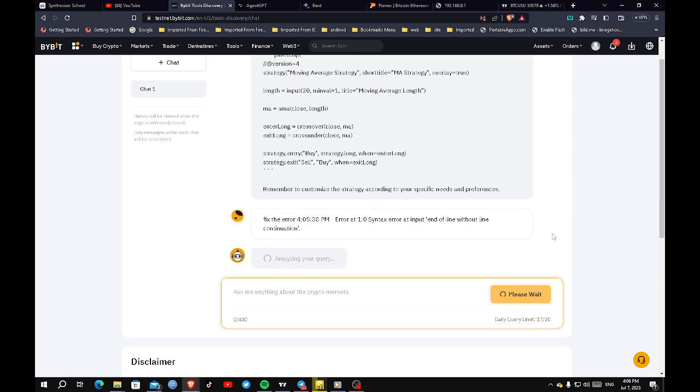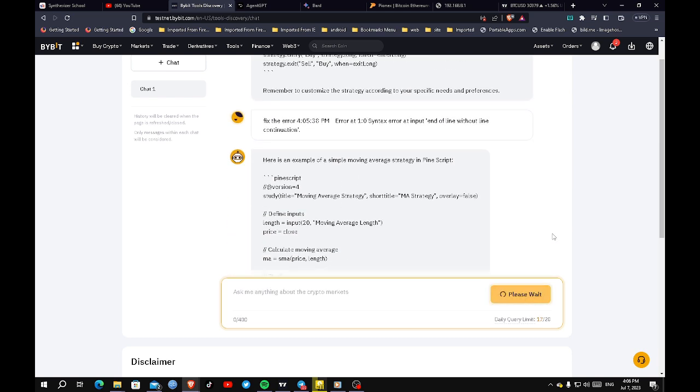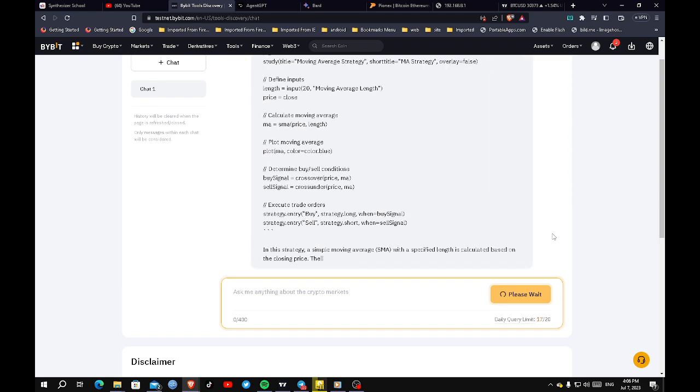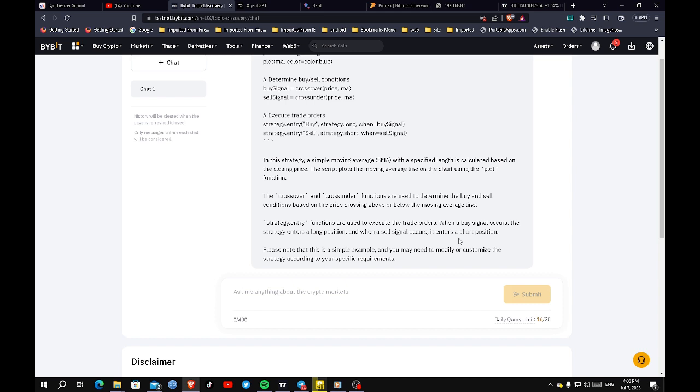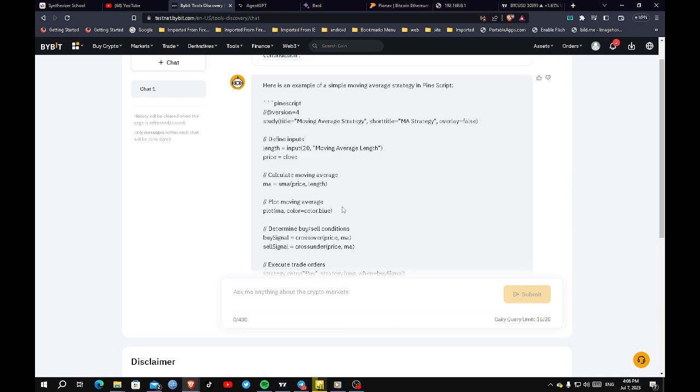Okay, submit. It also explains the trading strategy to you as well, and what the crossover and crossunder functions are.